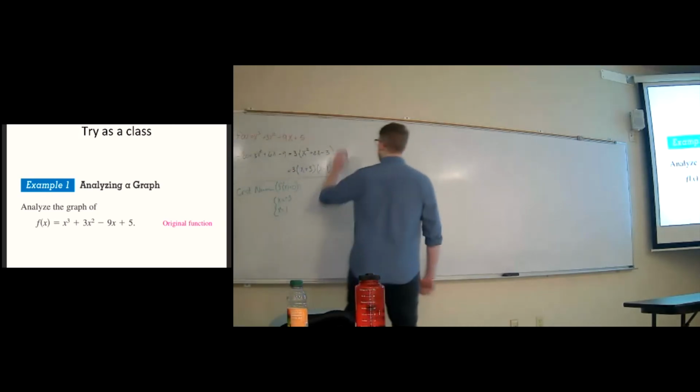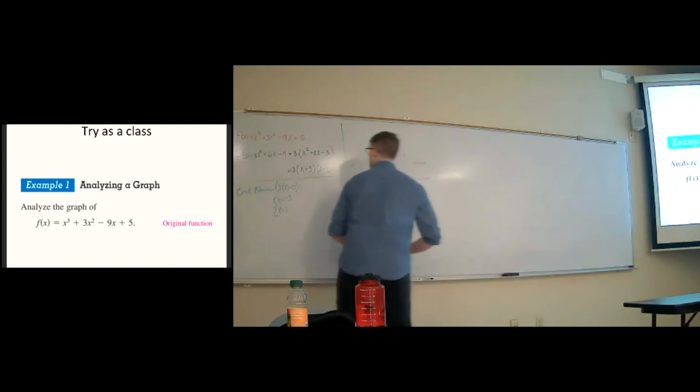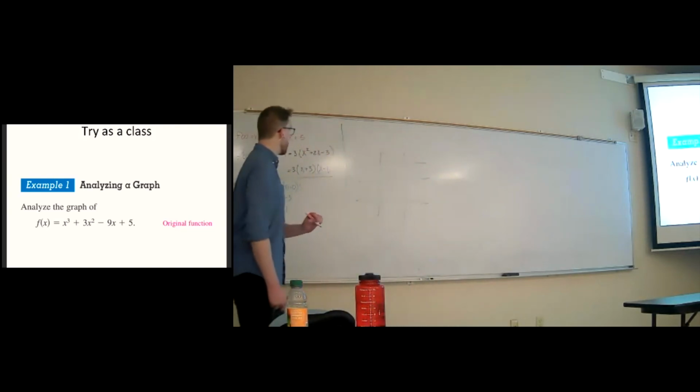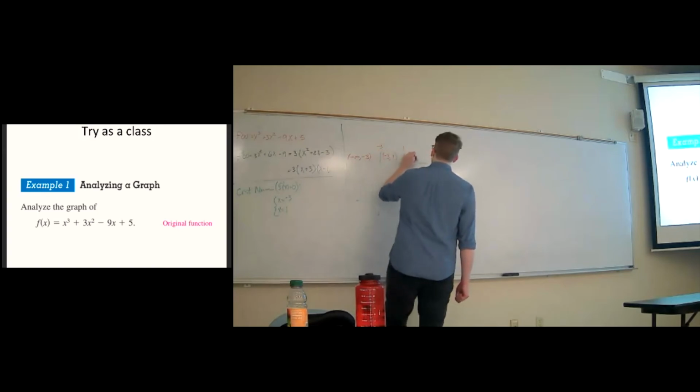Okay. So, working all this out, -3, 1, that means our first interval is -infinity to -3. Our second interval is -3 to 1. And our third interval is 1 to infinity.